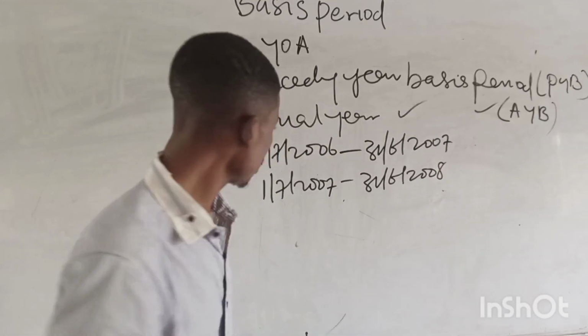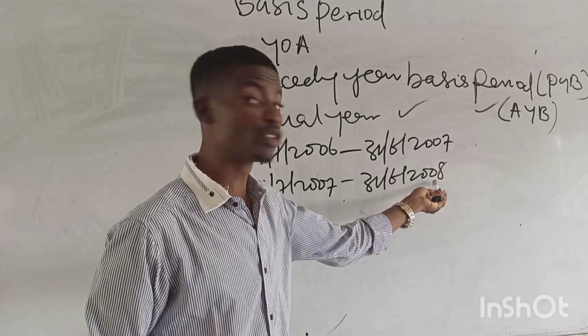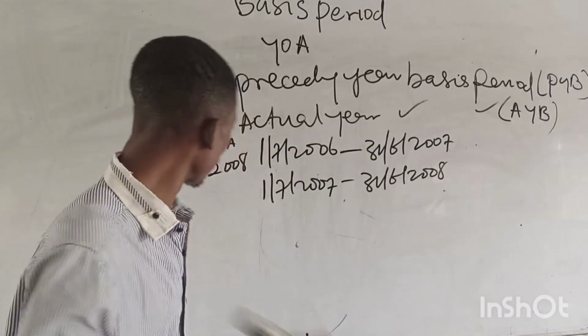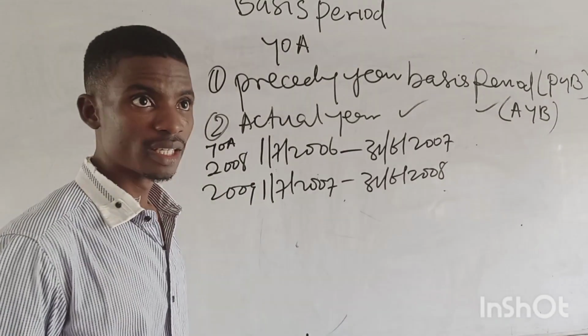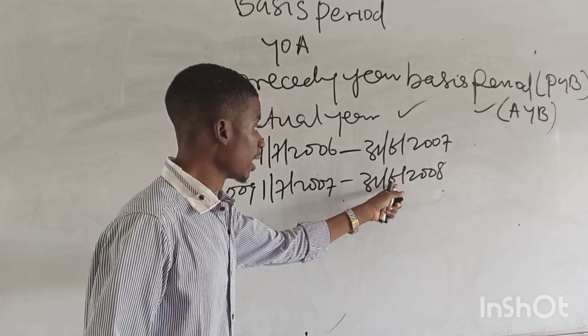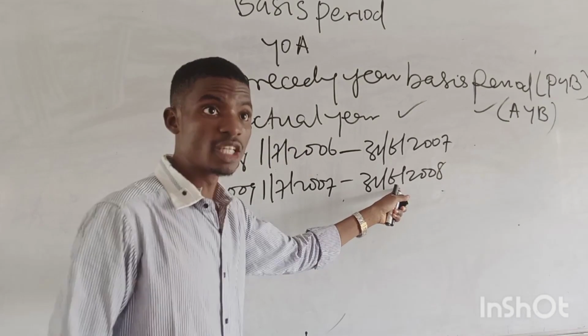And the year of assessment, because the business made up its account in year 2008, is now going to be 2009. On the third year now, the business ended here. The business operation will start a day after the business has ended its previous operation.